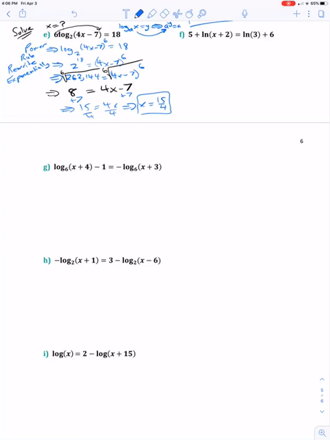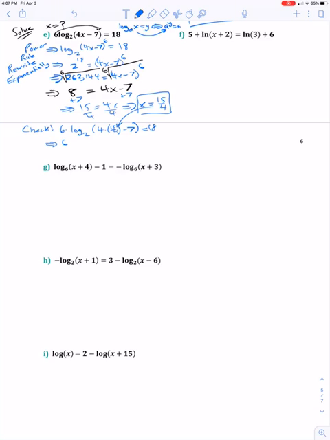Sometimes it helps to do a quick check step. So again, make sure you check your work if you're not sure of your answer. I'm going to plug in my answer here real quick just to show you that work. As we plug in x here, we get 6 times log base 2 of (4 times 15/4 minus 7) supposed to equal 18.